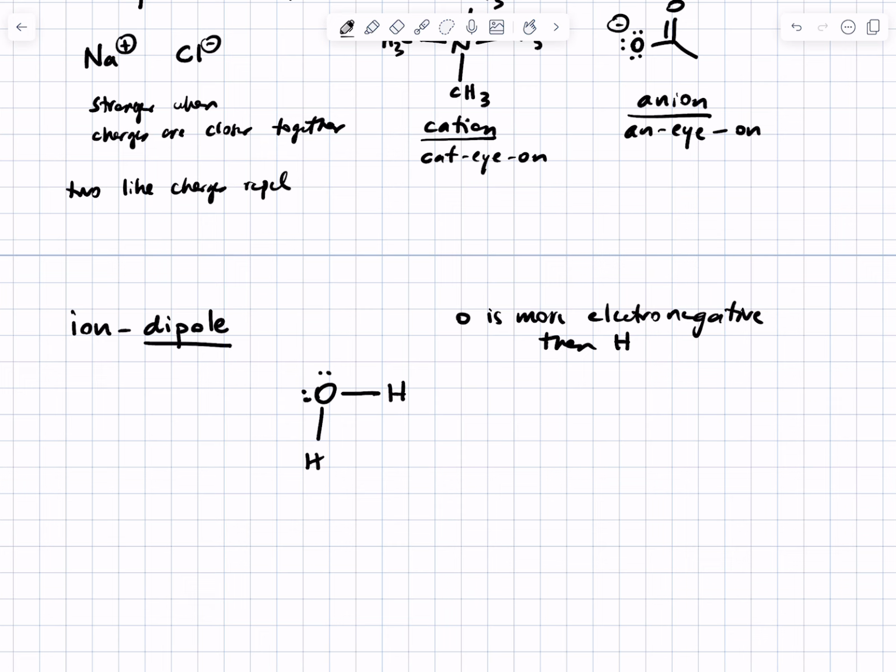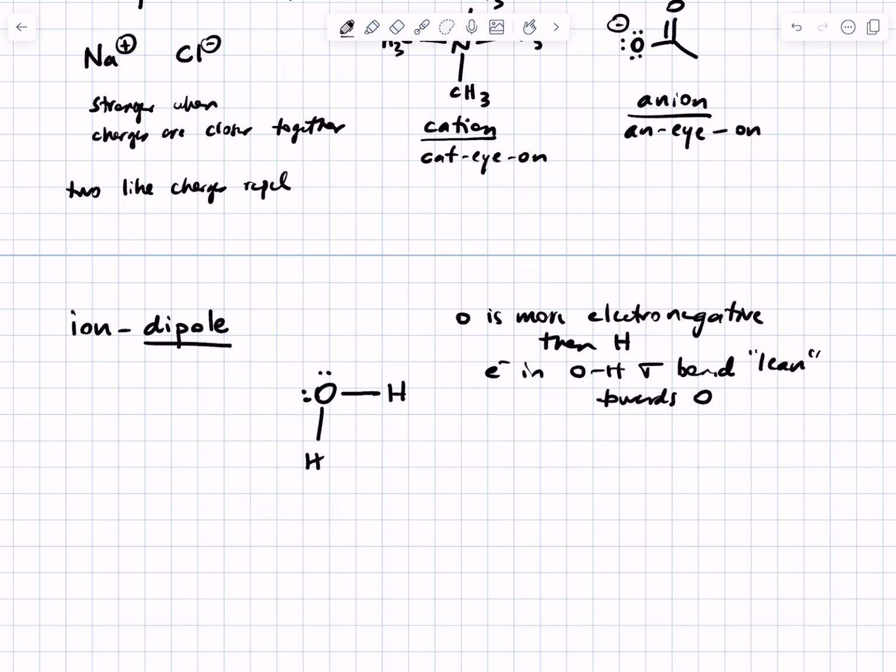That tells you that the electrons in the OH sigma bond lean towards oxygen. That means that the oxygen is going to be relatively electron rich, and the hydrogens or the protons are going to be electron poor, right?